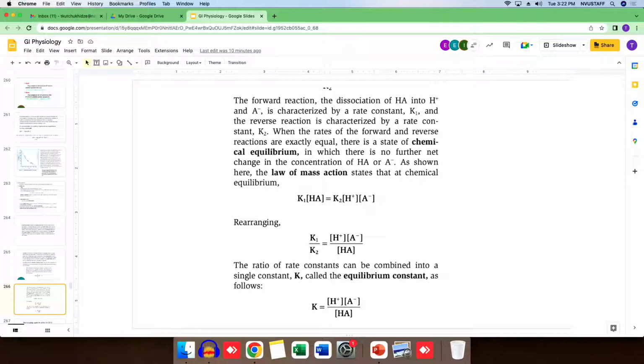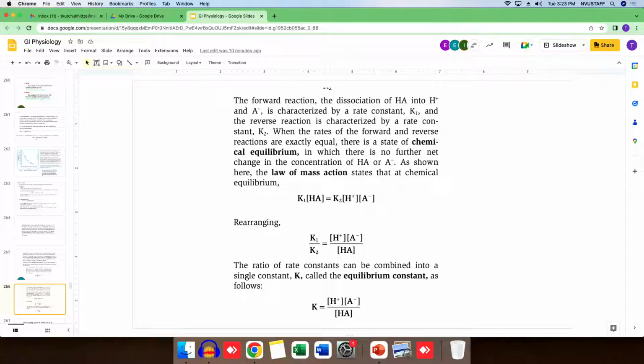Okay, how do we now express this in a formula? If we have K on the right side and K on the left side, it means that we should divide them, right? To write it in the formula, the two lines mean division in this case. So we'll have K1 divided by K2 equals H times A- divided by HA, right? Judging from that, we can write the formula in any other form.